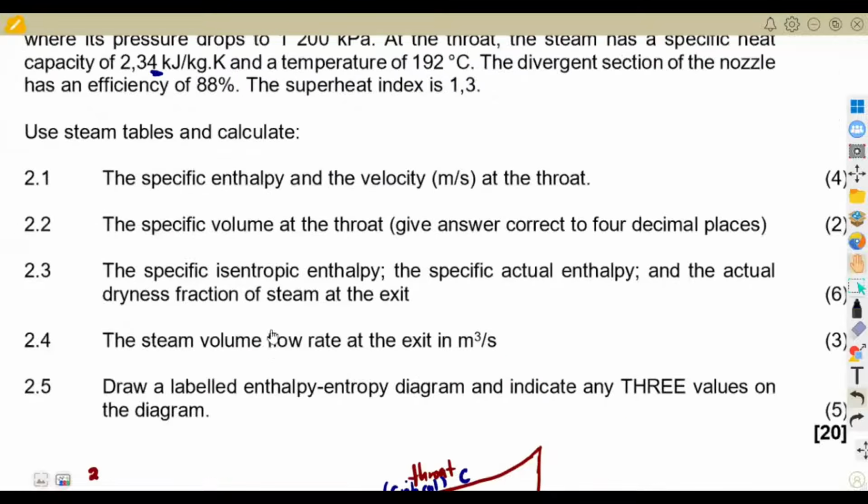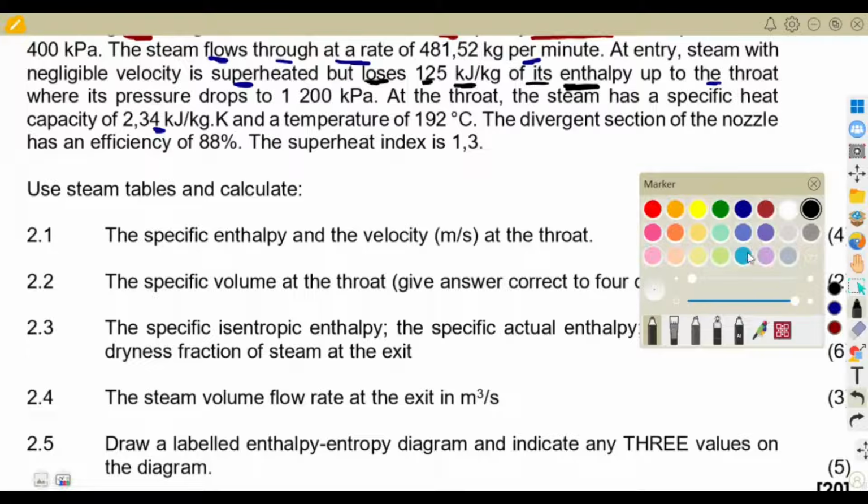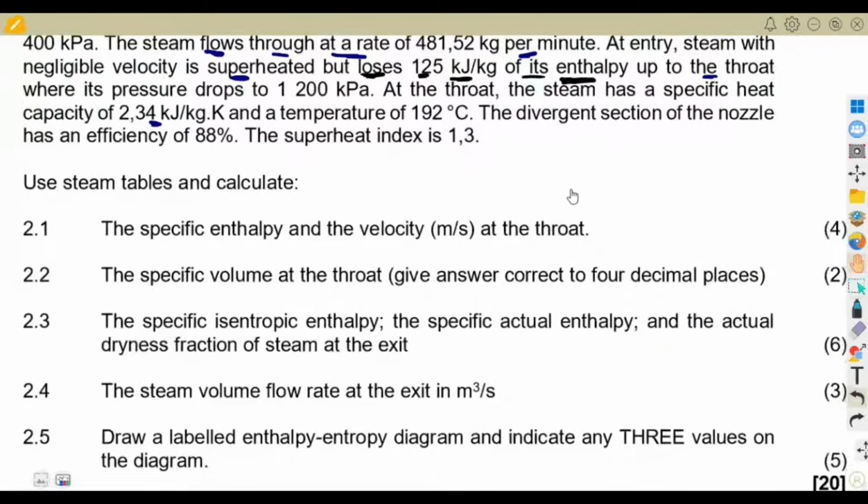Then we also have that it is superheated but loses 125 kilojoules per kg of its enthalpy up to the throat. Remember enthalpy, guys, this is what they're trying to say.